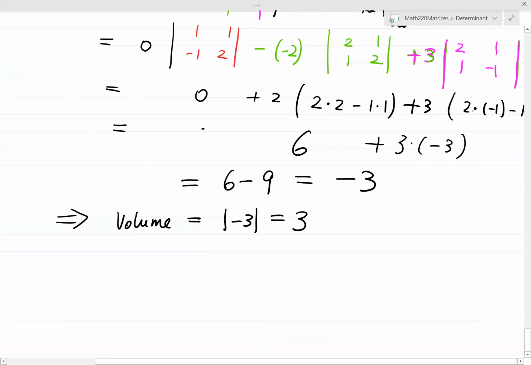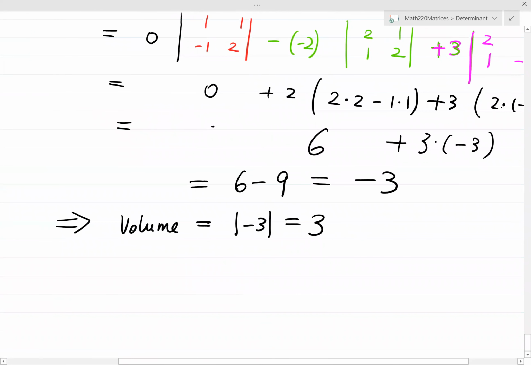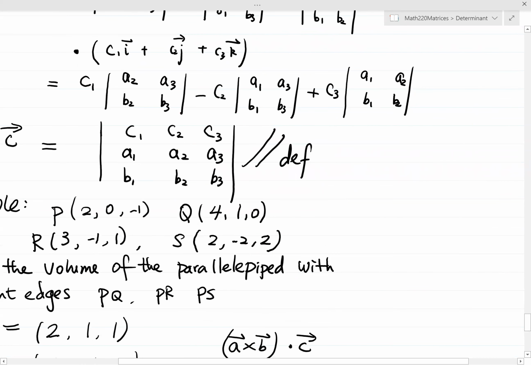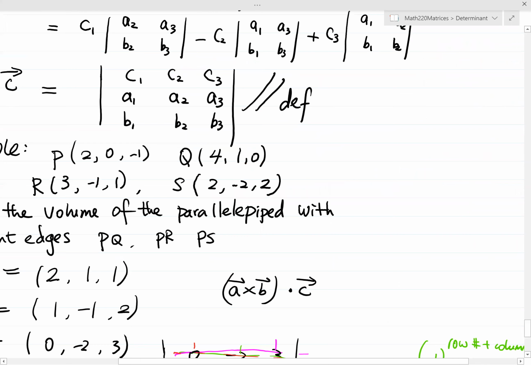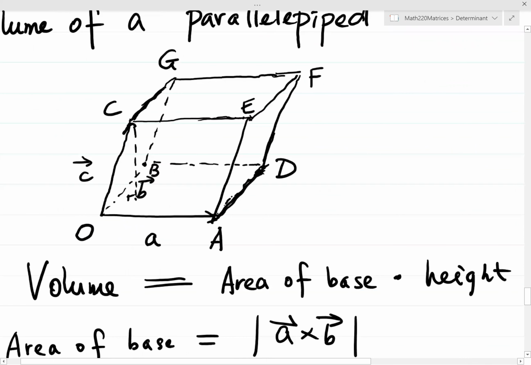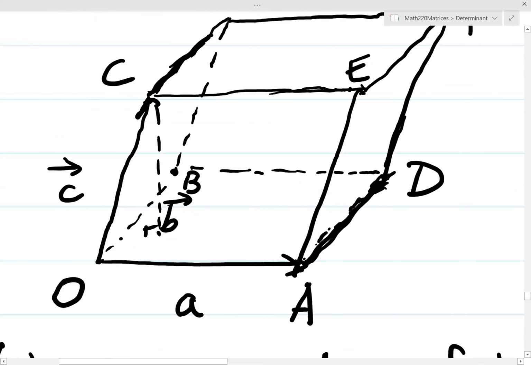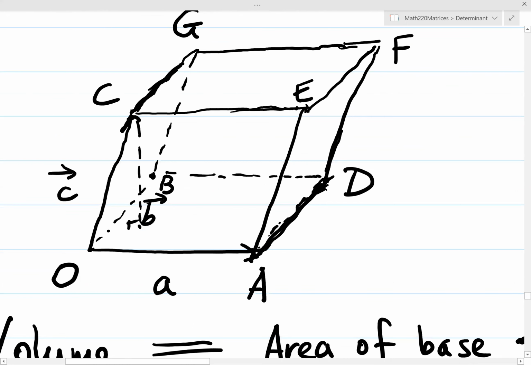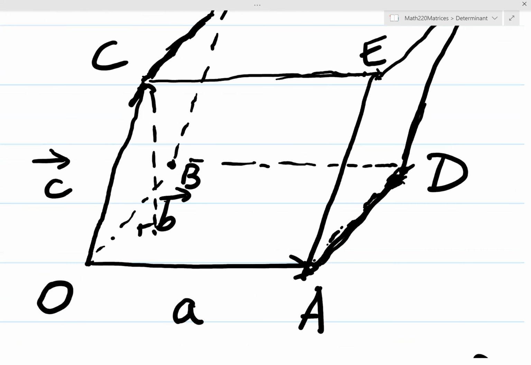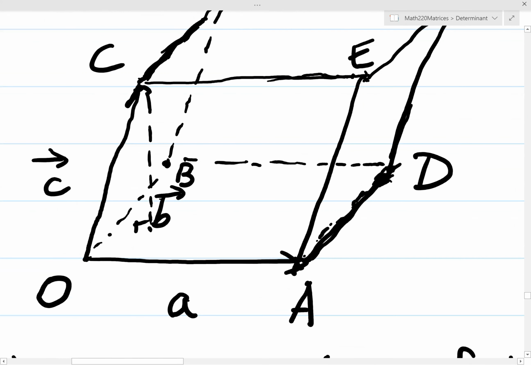Now remember, for a given parallelepiped, for instance this parallelepiped, here we put vector A and vector B on the ground, on the horizontal plane determined by OA and OB, as the base.